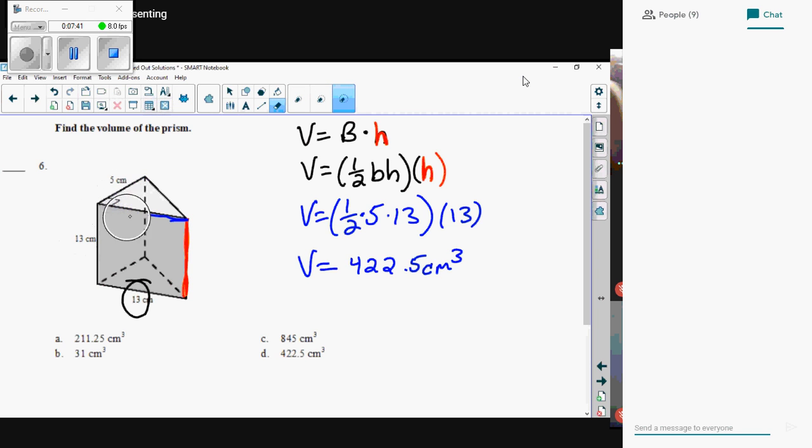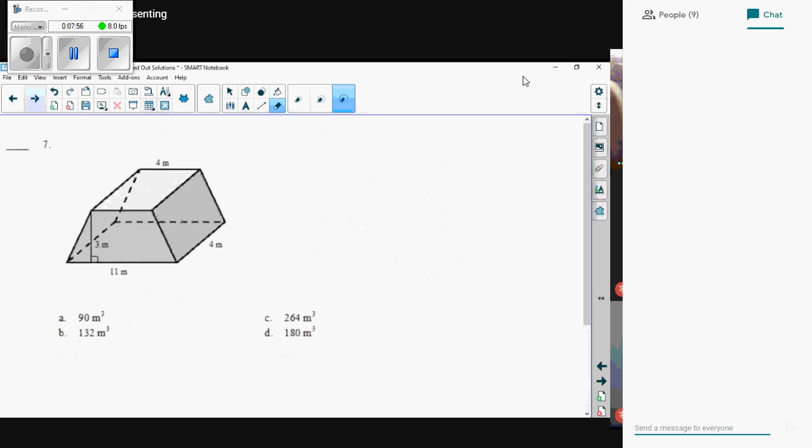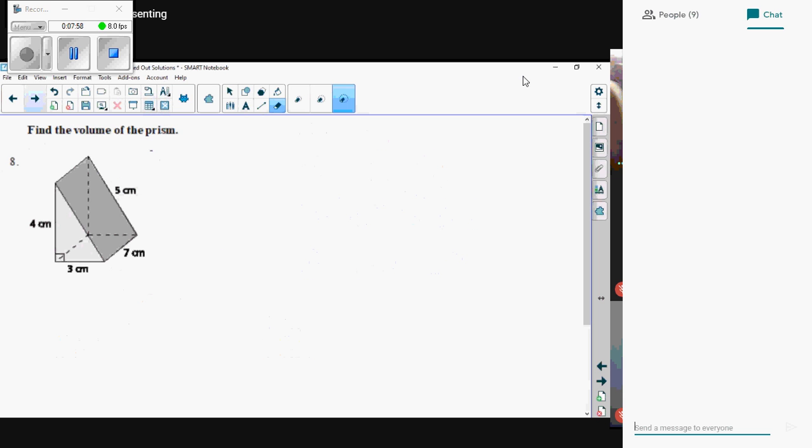So I'm going to skip now to problem 8, because I want you guys to see the difference between problem 6 and problem 8. Notice problem 6, you're given 3 measurements here, all right? That makes the problem a lot easier. It's really hard to mess it up. If we go to problem 8, we have a triangular prism, but now we have 4 measurements.